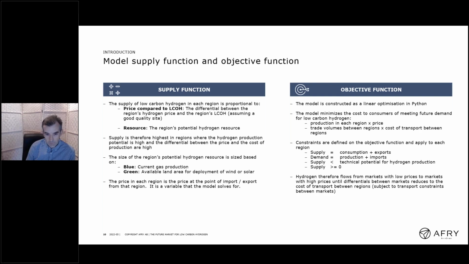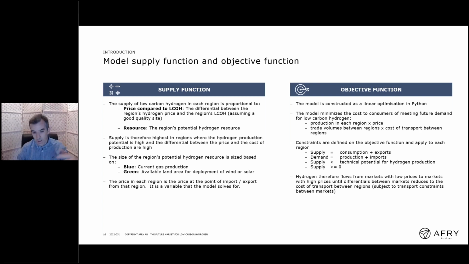The supply function is something we've talked about quite a lot, and we've looked at different forms. In the current form of supply function, the supply is a function of two components. The first component is what is the price in that region compared to the levelized cost of hydrogen.